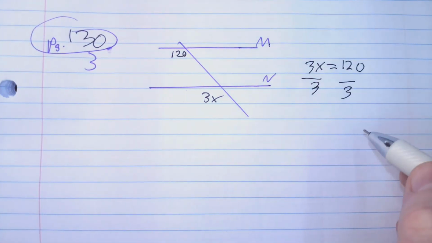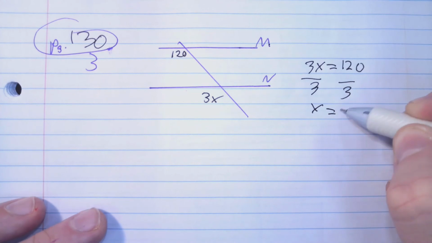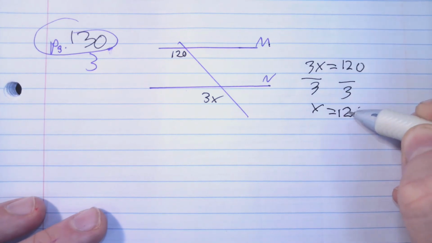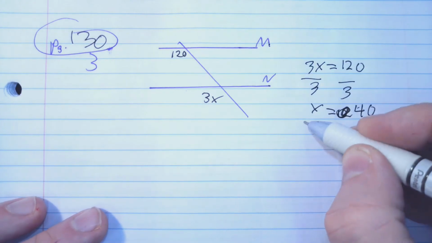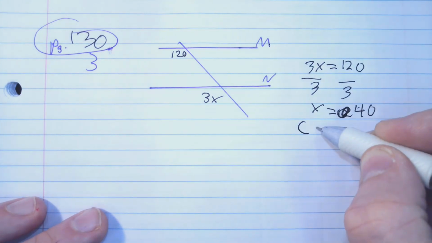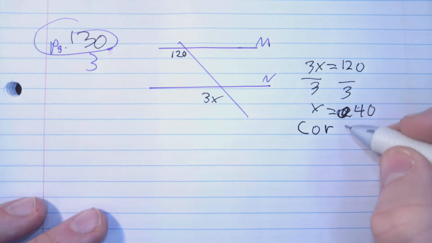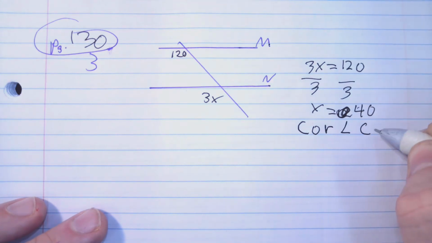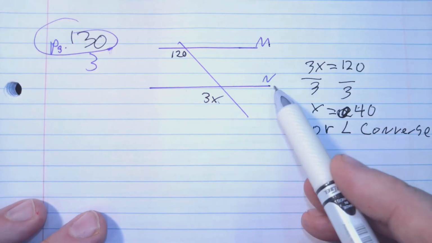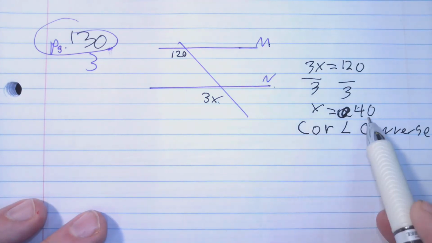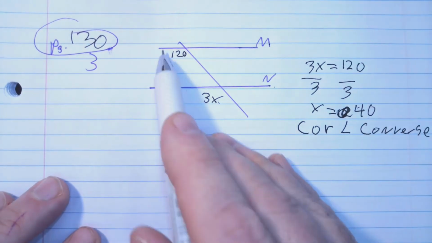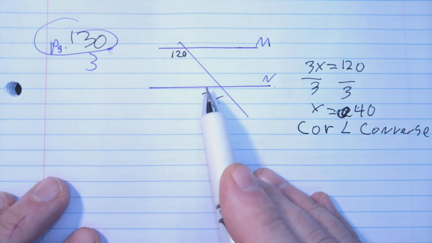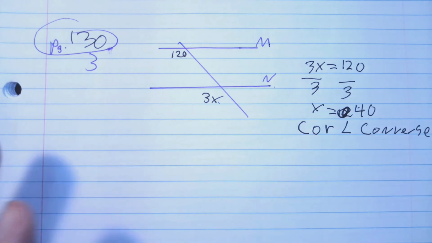And it kind of wants you to say, well, that is corresponding angle converse. That's what proves that m is parallel to n. So basically, if x is 40, m is parallel to n. So just put that, you use the, is that corresponding angles? Am I right? Okay. All right, so that one's not hard.